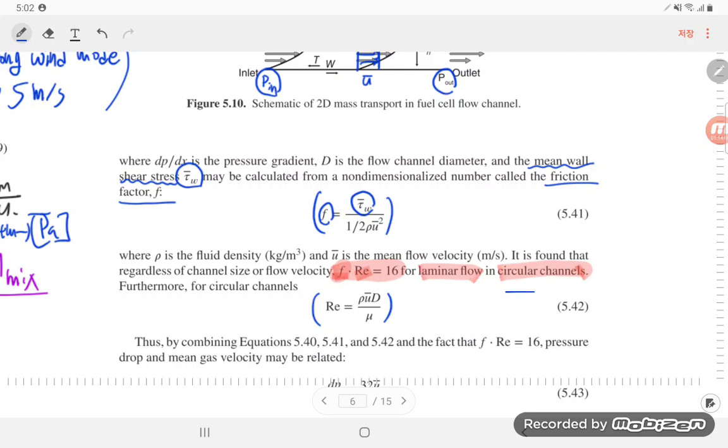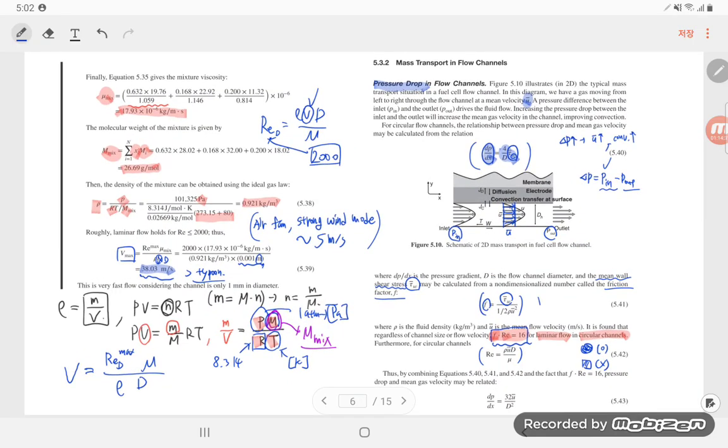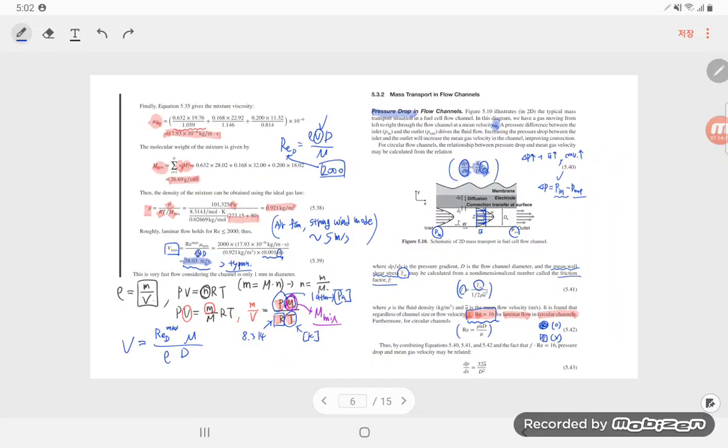Okay, this is only applied to the circular channel, but in the rectangular channel we can apply this relationship too, because this one is also derived from the circular channel governing equation. So anyway, from these three equations, 1, 2, 3, we can make a relationship between the pressure drop, the velocity and the geometry. Okay, let's calculate it.